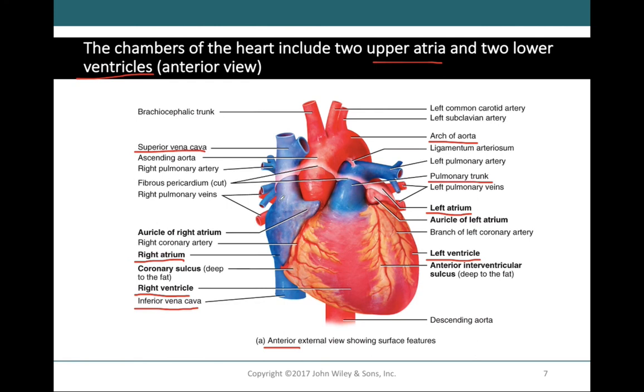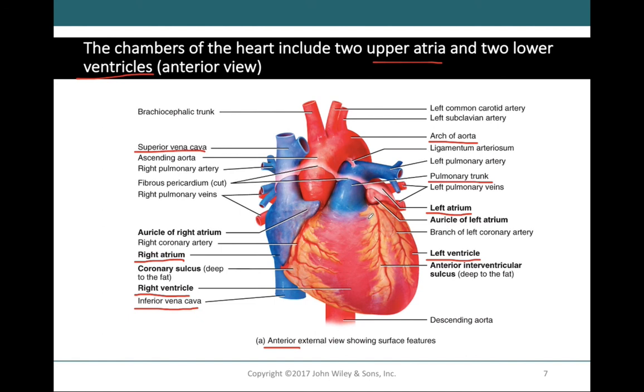So blood in the right atrium will directly get pumped into the right ventricle, and then the right ventricle will then pump into one of the large vessels. And same thing's true here for the left side. The left atrium is going to flow into the left ventricle, and that's going to give us an immediate connection between those two chambers. However, blood does not immediately communicate between the ventricles.